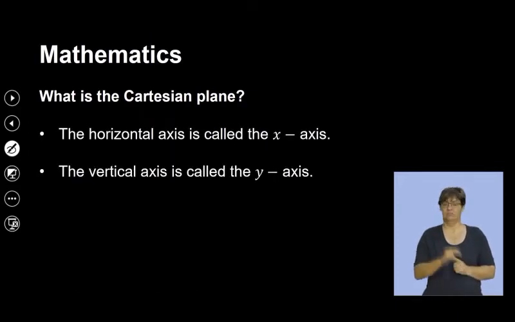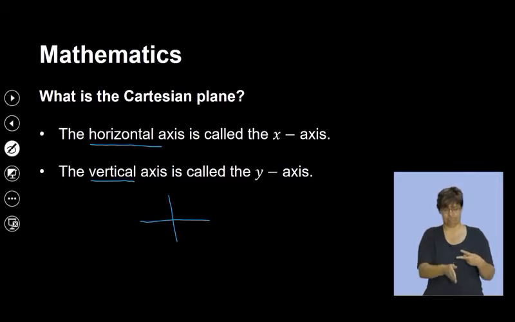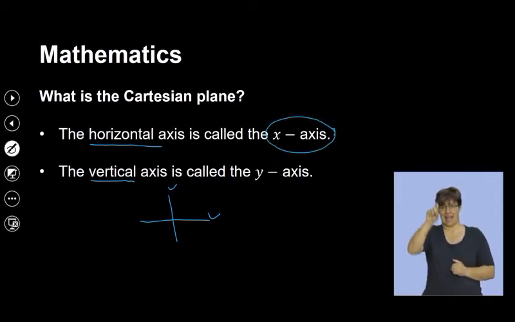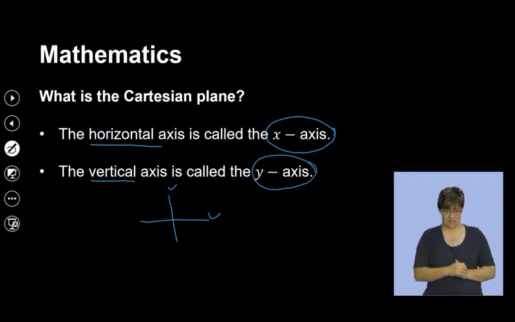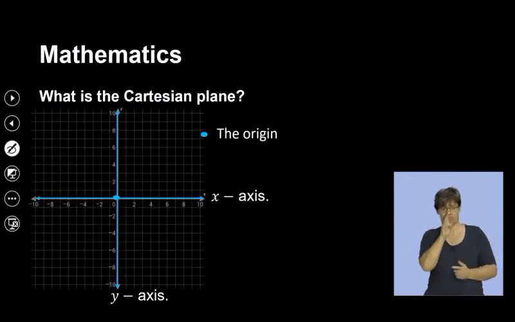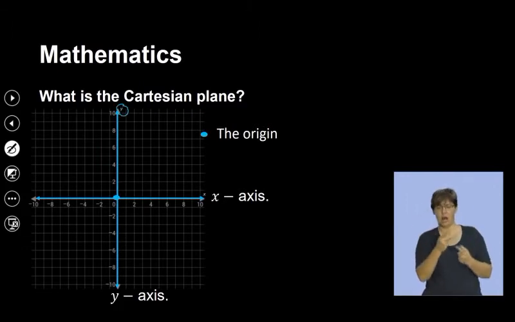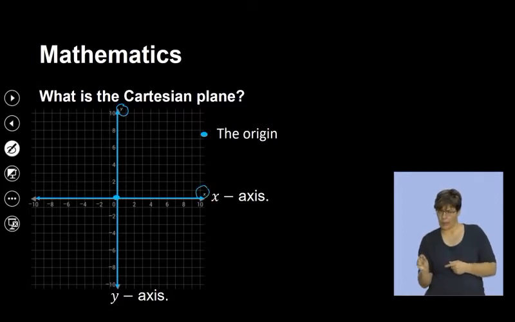Now, I spoke about the axes as well. We have what we call the horizontal ones and the vertical ones. So this is vertical and that is horizontal. The horizontal one we call the x-axis, and the vertical one we call the y-axis. Now, most of the time when we draw Cartesian planes, we write a very small y there and a small x there.